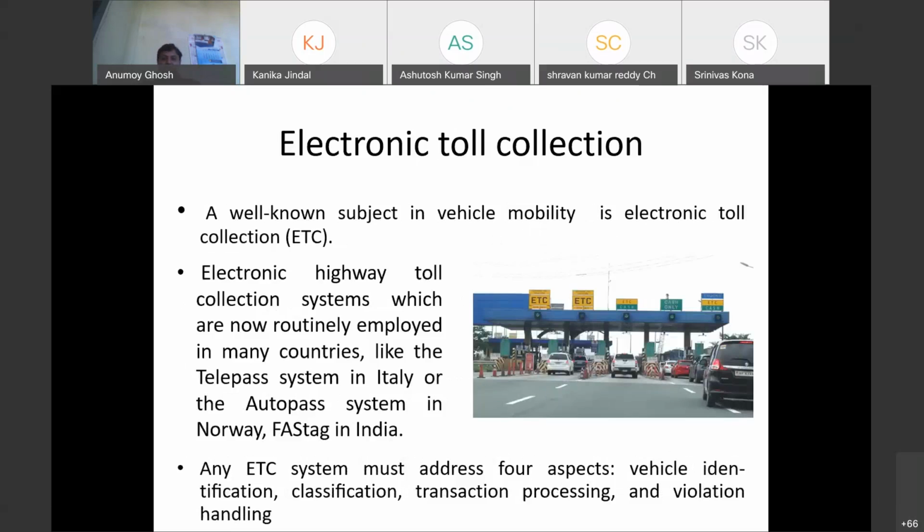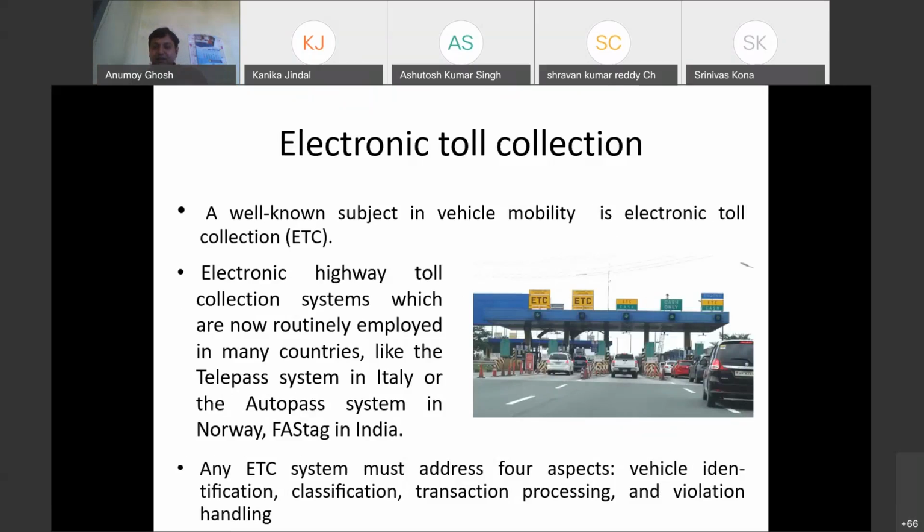So as I've told you, in the highway, the way in which electronic toll collection is envisaged is that there will be a reader over in the ceiling that you can see over here. Suppose this is the blue ceiling. Suppose this white car is passing and there is an RFID tag over there.